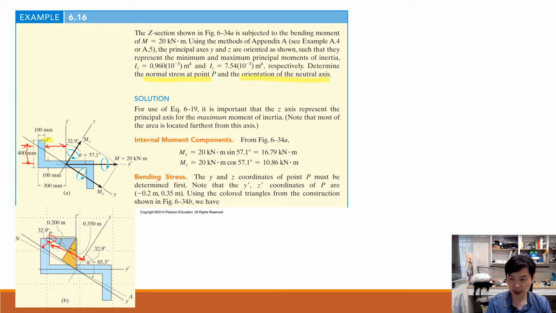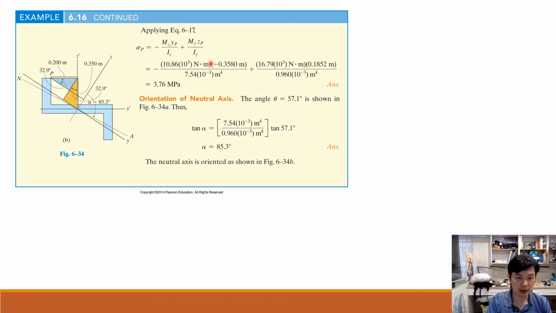So how do we deal with that? This is the result. You use this triangle to get this distance together with this one, and you get the new y_P in the new axes. This is the result for the y-axis.